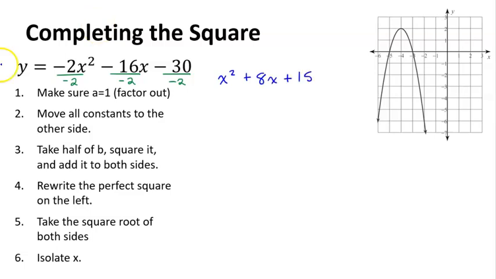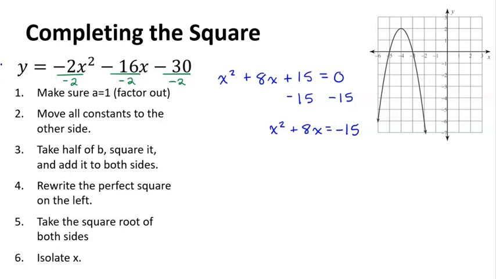And then instead of equals y, I'm just going to put equals 0. Then I'm going to move all of my constants to the other side. So I'm going to do minus 15. I get x squared plus 8x equals negative 15.